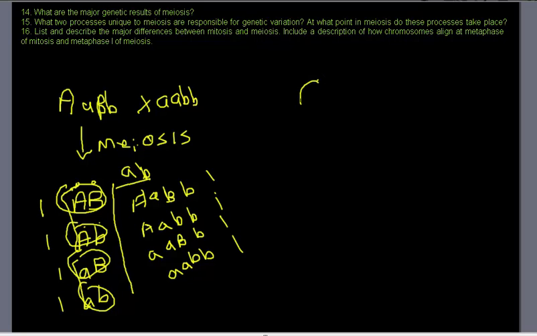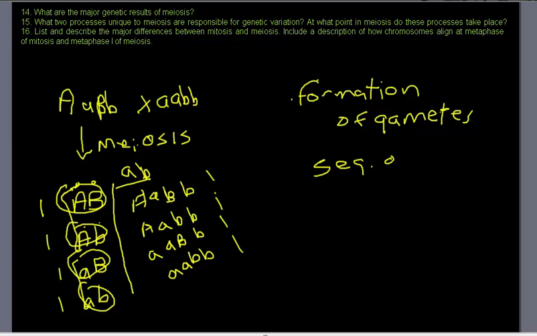So I guess the official answer would be formation of gametes, and segregation of alleles, independent assortment, and also going from diploid to haploid. So that's an important part of meiosis.